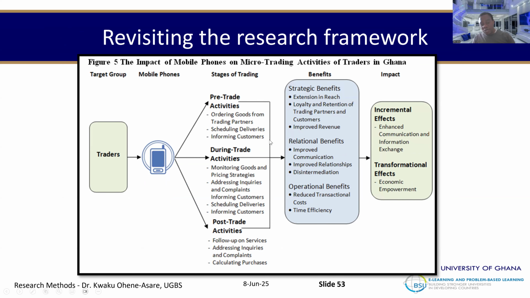Revisiting the research framework or the model can help you to know what others expect you to get. For example, there is a theory called the law of demand. The law of demand says that the higher the price, the lower the quantity demanded. But when you did your research, you realized that the higher the price, rather, the higher the quantity demanded.